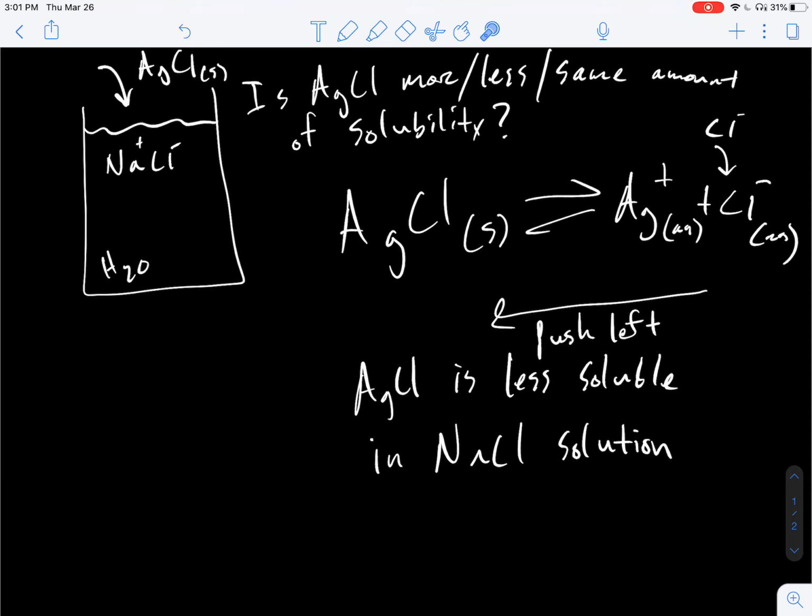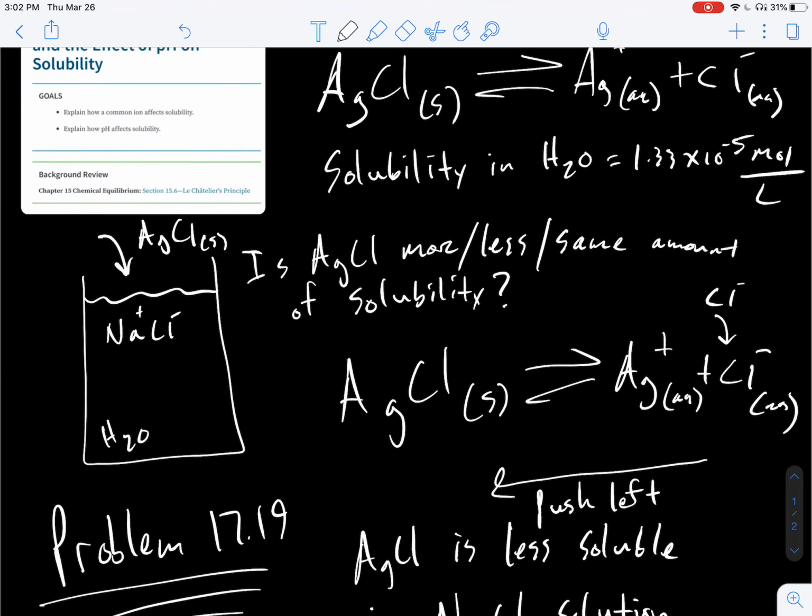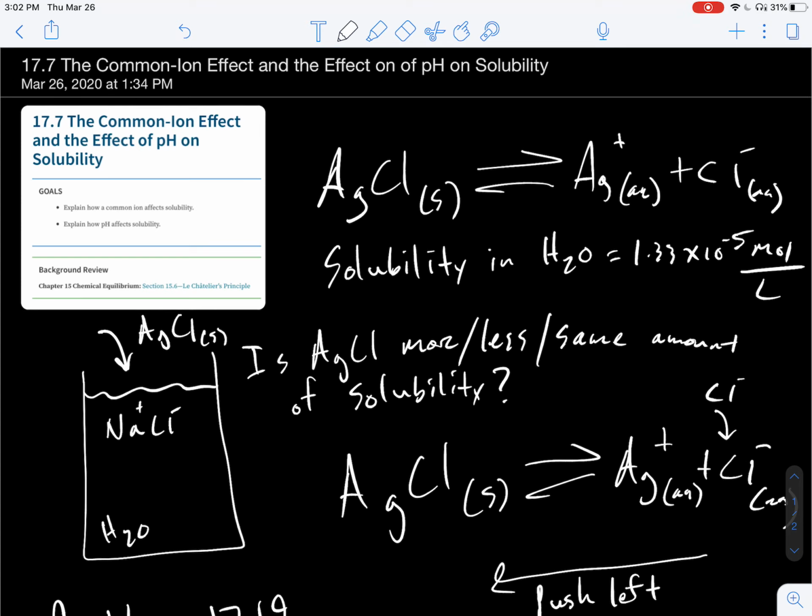So there's a practice problem in your book, problem 17.19, that does an equilibrium problem to actually calculate the molar solubility of AgCl, considering a 0.2 molar solution of sodium chloride. So go through that problem, and it connects back to this idea. So that's the first part of this chapter.